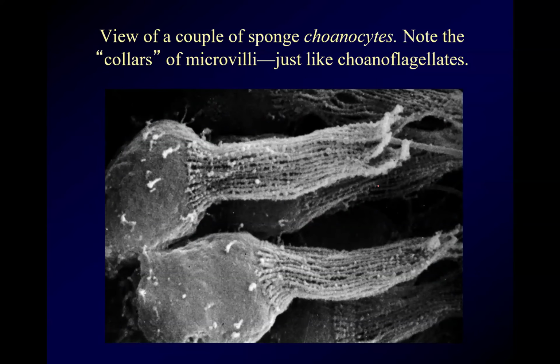So there's a view of some sponge tissue. These are a couple of choanocytes from a sponge, and there's no difference worth mentioning between sponge choanocytes and free-living choanoflagellates. You can see you've got this kind of globe-shaped cell body and a collar of microvilli.